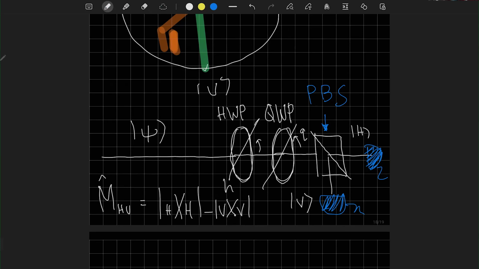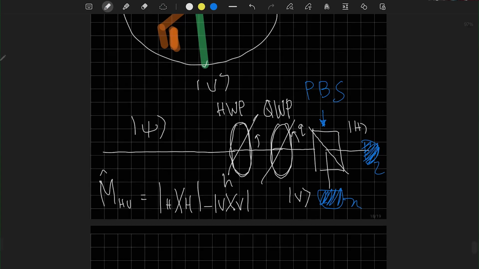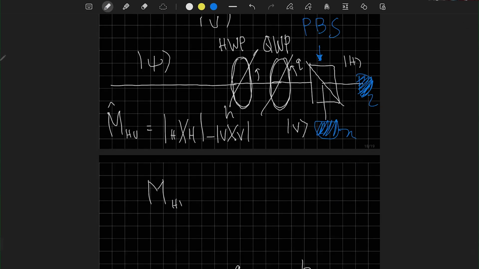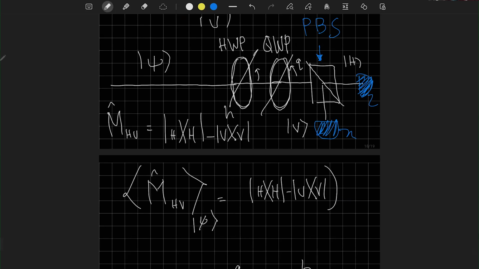This is a measurement operator, or also called a polarization operator. So what we're doing here is we are measuring the expectation value of this operator for the quantum state psi. Okay, so we are measuring this thing. It's a von Neumann projection operator. This is what we're measuring.